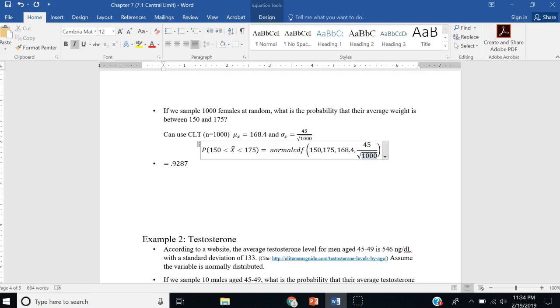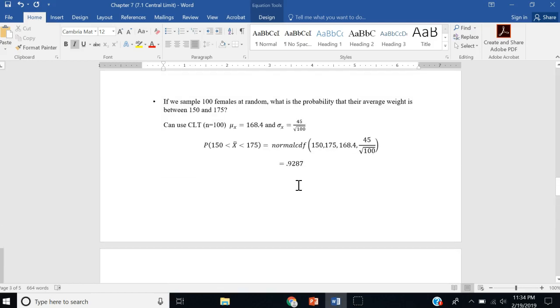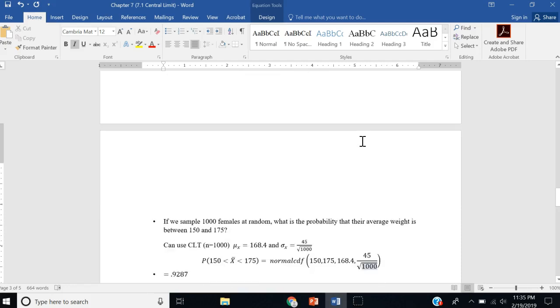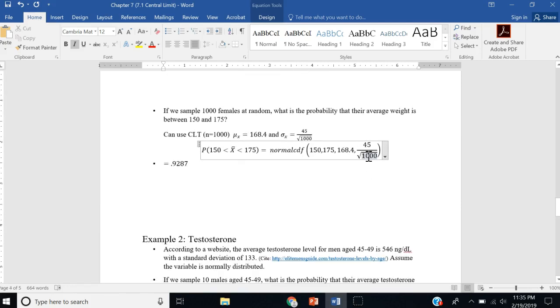By the way, hopefully you know this on your calculator, but if you hit the second and then the enter key, it will pull up what you just wrote. So second enter is like a copy paste of what you just did. If you already wrote normal CDF 150, 175, 168.4, and then 45 divided by square root of 100, you can just put second enter and change your 100, in this case, to 1,000.